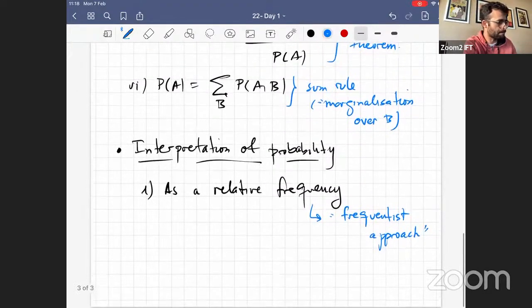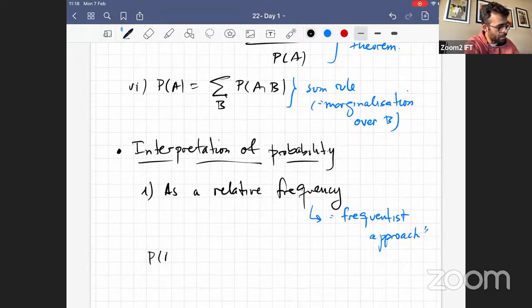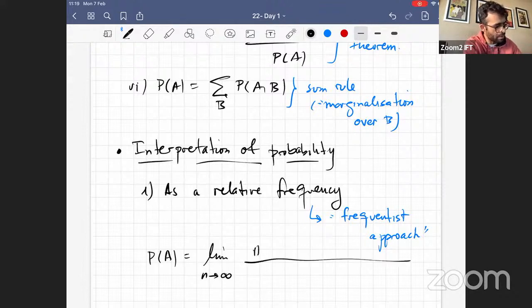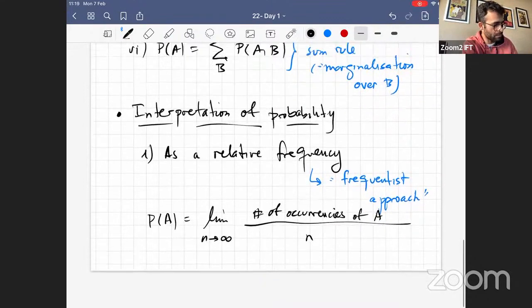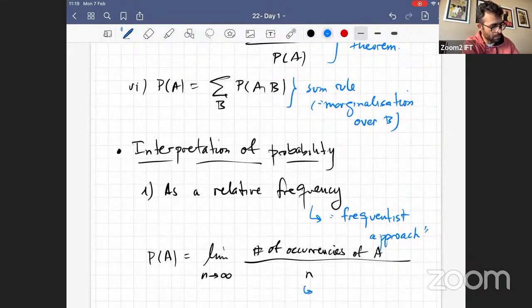Okay. And in this approach, the probability of A is nothing but the limit when n goes to infinity of what? Of the, I don't know, there is a fraction here. This is the number of occurrences of A divided by the total number of measurements. Okay.